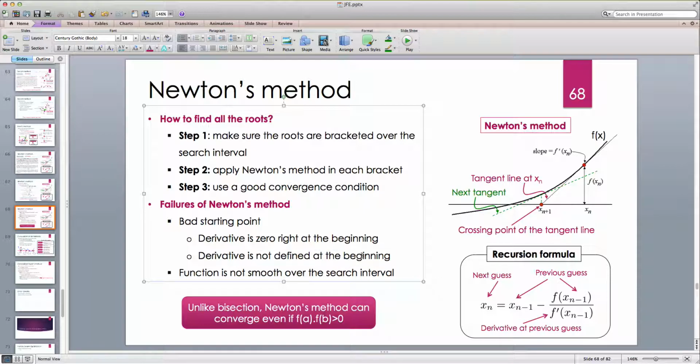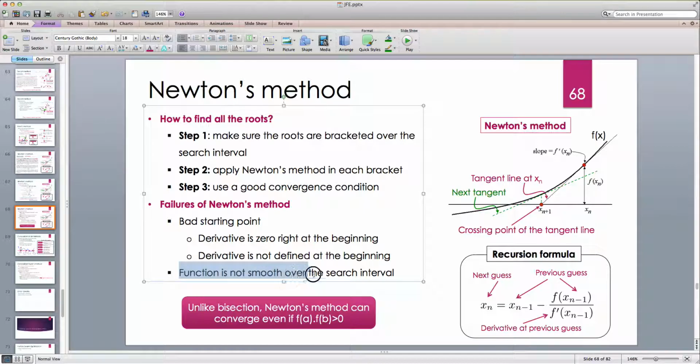So I have a function, for example, but the function doesn't have a derivative. The derivative doesn't exist at the beginning. So we might very well be stuck right at the beginning because the function doesn't have a derivative. But if the function is smooth and well behaved, we definitely have very fast convergence.